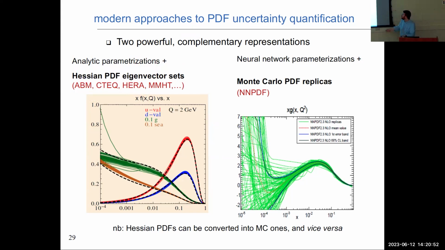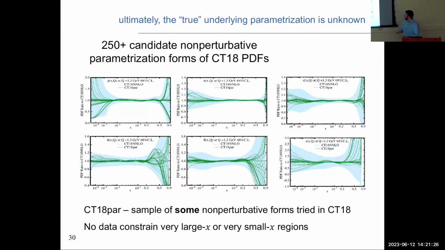If you instead take the neural network approach that I just mentioned, then the uncertainty is encoded in many Monte Carlo PDF replicas. And what I wish to note is that there is in fact a way of converting from one family to the other. And again, if you forget a lot of what I mentioned, the subject of the uncertainty in the PDFs and these different approaches is another frontier in our quest for greater precision in the PDFs.